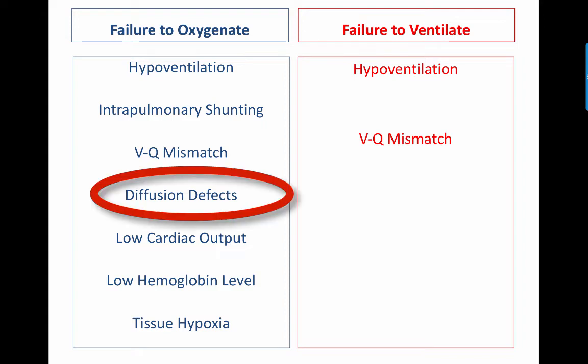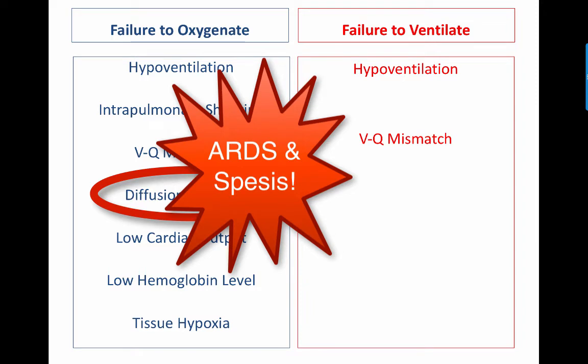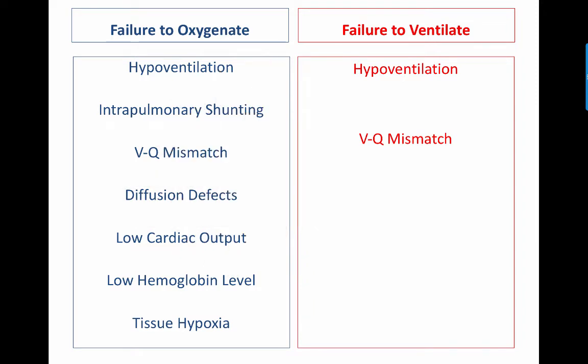Diffusion defects occur at times when, this is where your ARDS and your sepsis come into play. Diffusion occurs when gas moves from an area of higher concentration to an area of lower concentration. In the lungs, this is the exchange of oxygen and CO2 as the gases move between the alveoli and the blood across capillary membranes.